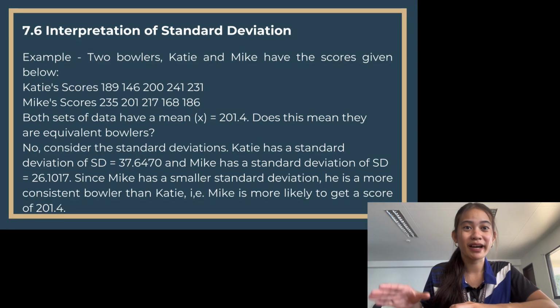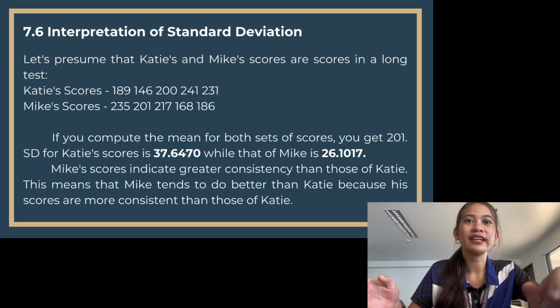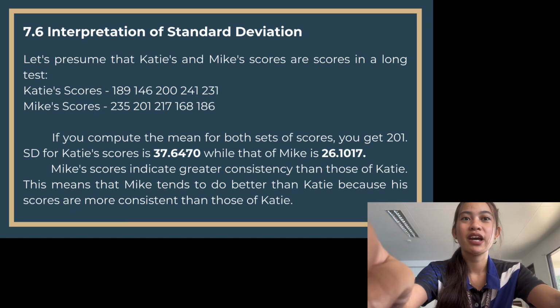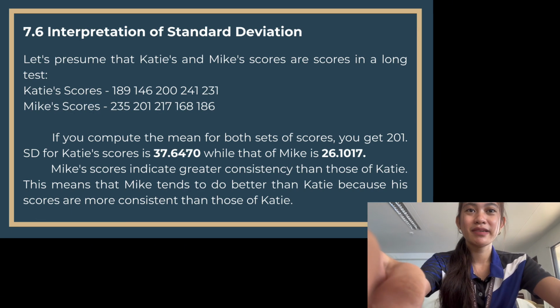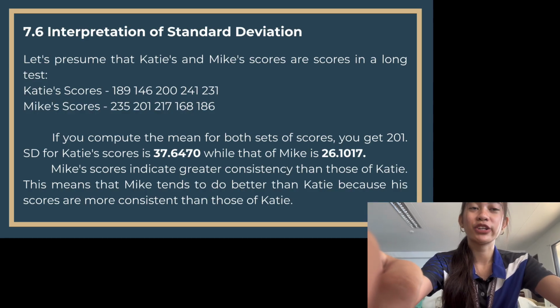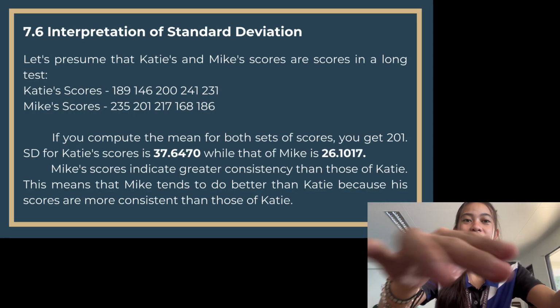If you compute the mean for both sets of scores, you get 201. So Mike's scores indicate greater consistency than those of Katie, and this means that Mike tends to do better than Katie because his scores are more consistent.